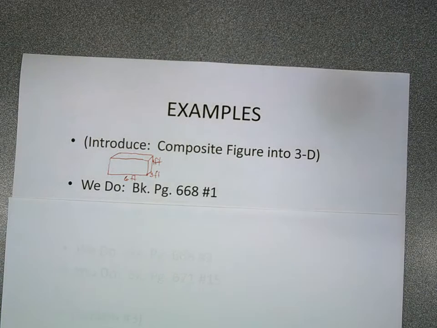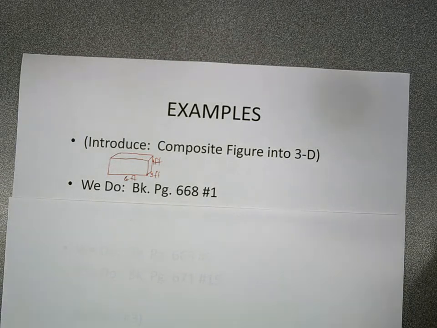Because all the sides are the same size, there's an even chance that any of them will show up. It's 1 through 6 because all rectangular prisms have 6 sides.